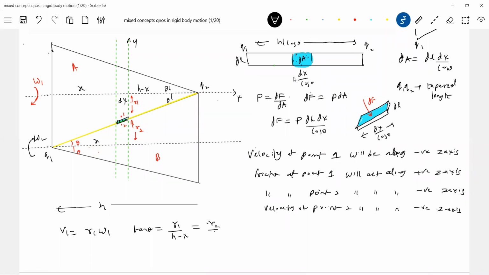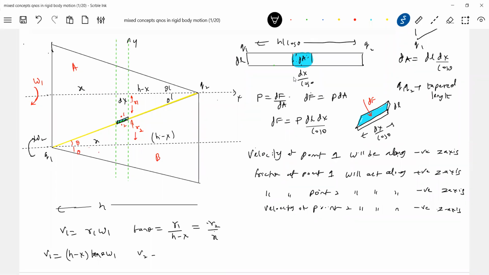It is the same height. I made a correction because this length should be equal to this length, so this is X and this will be H minus X. So what is R1? You can replace R1 with H minus X times tan theta, so V1 is H minus X tan theta omega 1.